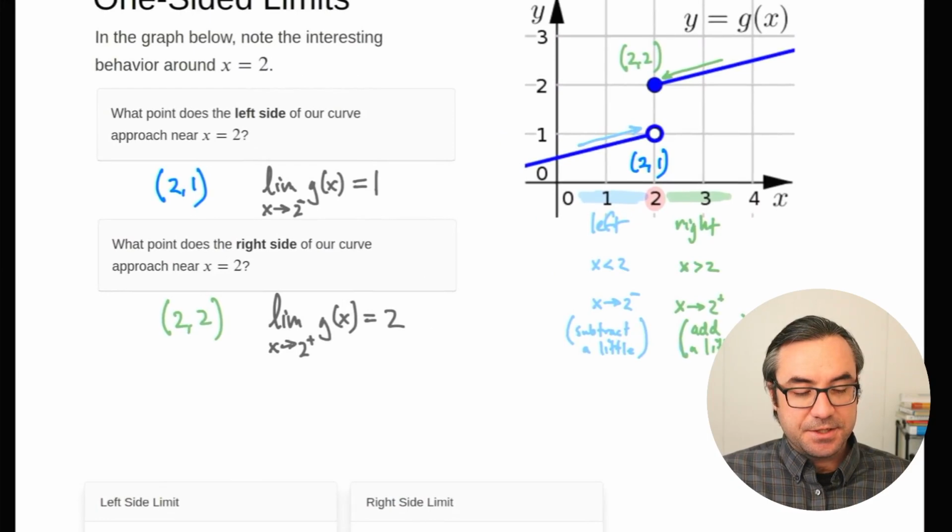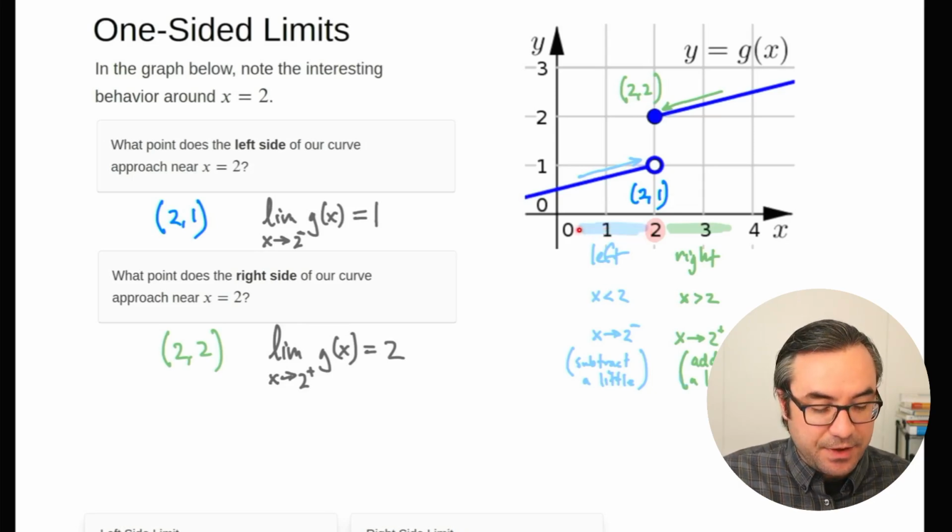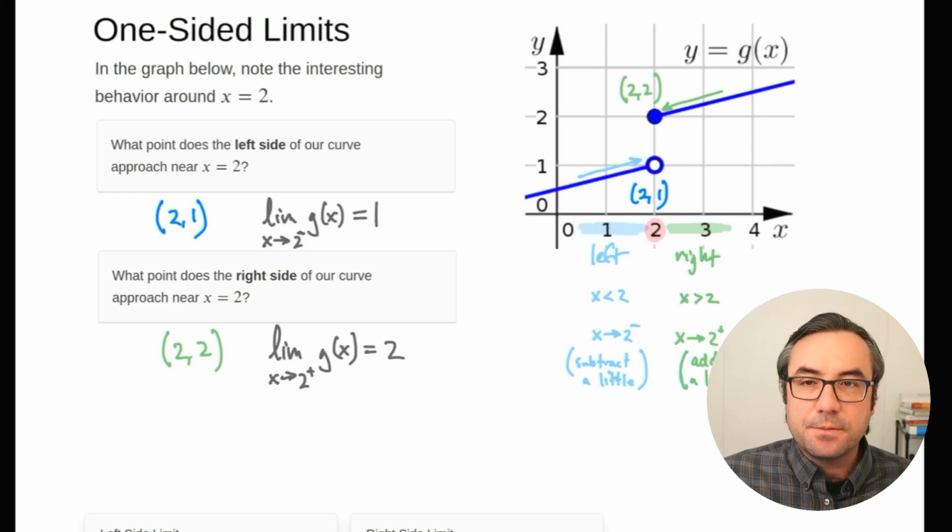So if we go back to this example, for the left-hand limit, we're approaching x equals 2 from the left side, so we're using values of x that are getting closer to 2, just slightly smaller. And we imagine just walking along the curve, and it looks like we're getting closer and closer to this point.